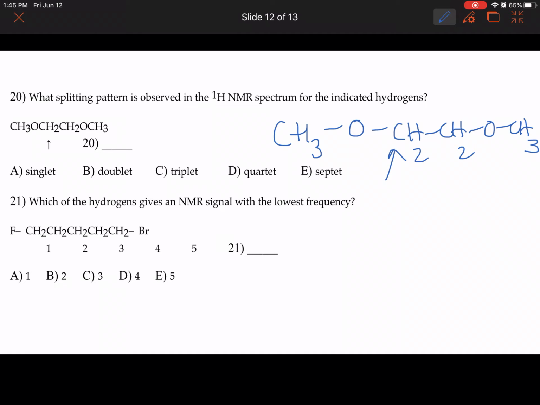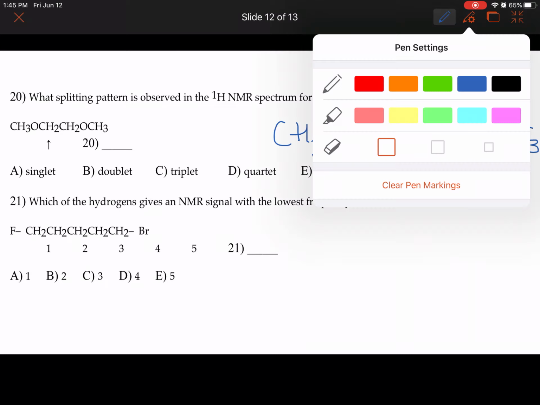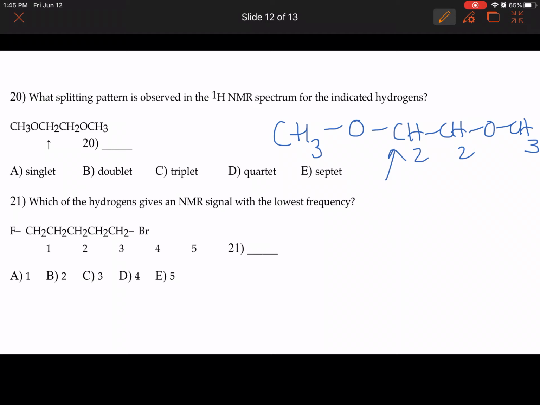So the indicated hydrogen is this guy. What do you think is going to be the splitting pattern? Okay, so look at the molecule and find out if you have any symmetrical carbons, meaning the same environment. So these three hydrogens and these three hydrogens are going to be in the same environment. Do you agree with me?